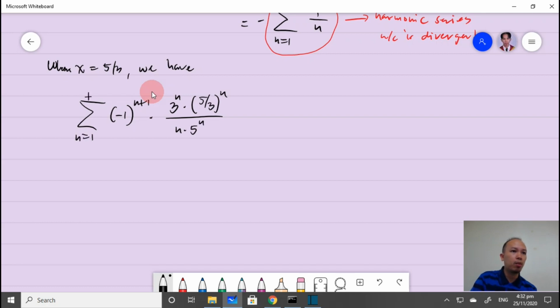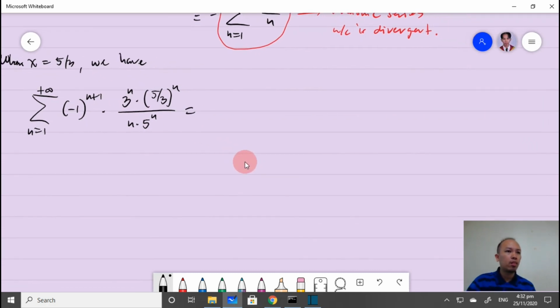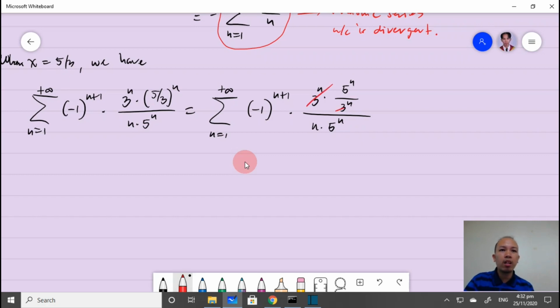N starts from 1 to positive infinity, and if you simplify this, we can of course factor out 3 to the n times 5 to the n over 3 to the n times n. So we can cancel out this one, and we can cancel out also this one.